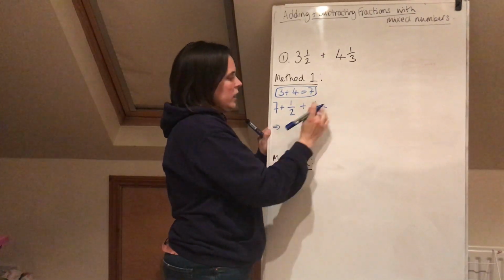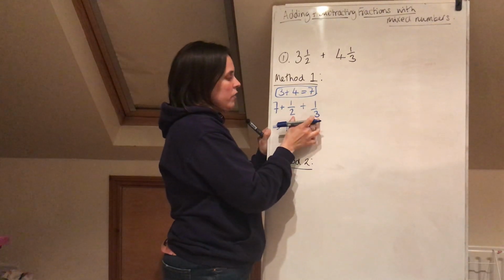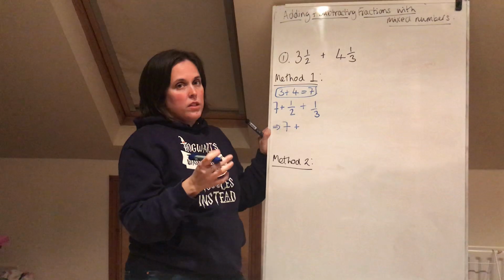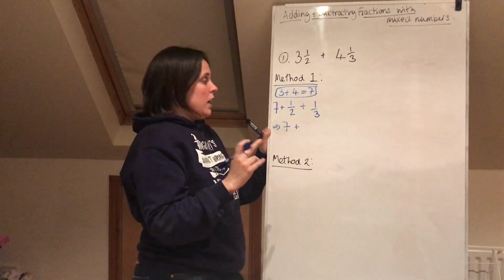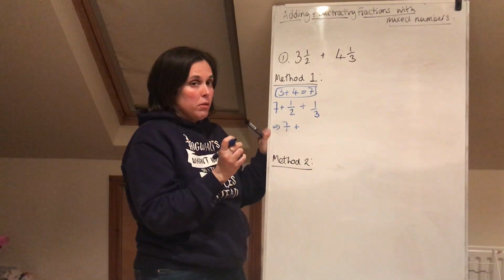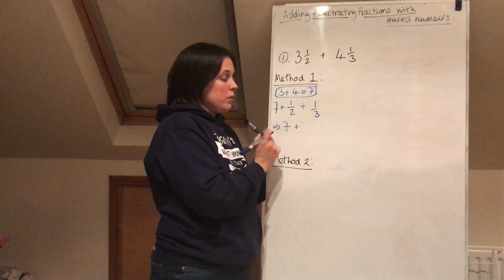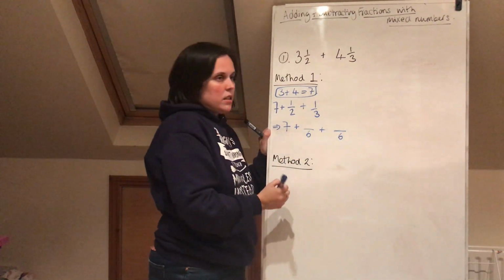Actually, I'll go on to a new line here. We have our 7 whole ones plus, now we need to convert the 1/2 and 1/3 so they've got the same denominator. We look for the lowest common denominator, and in this case that is going to be 6. So 6 is the smallest number, remember, that both 2 and 3 go into. So something over 6 plus something over 6.